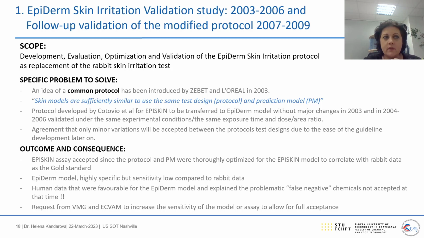As a result of this validation trial, we learned that the EpiSkin model was considered by ECVAM as a model that fulfilled the validation criteria. It was providing sufficient sensitivity and specificity when compared to the gold standard, which was the rabbit skin irritation test.